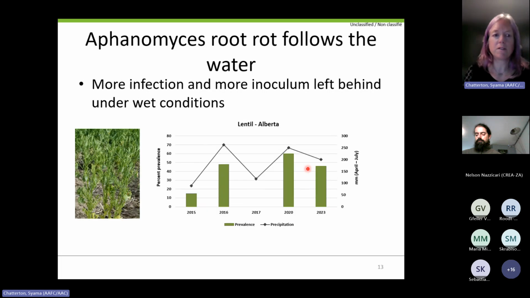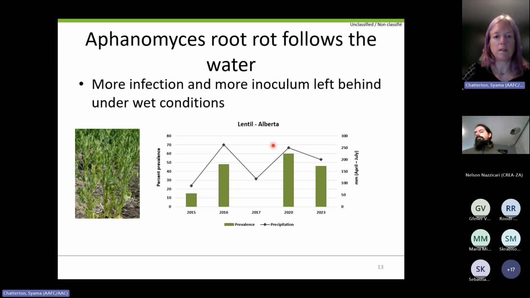A little bit of a different story for lentil. First, we haven't been doing surveys every year. Lentil has a smaller acreage in Alberta, so surveys aren't done every year, but we can again see that Aphanomyces root rot in lentils really follows those water patterns.